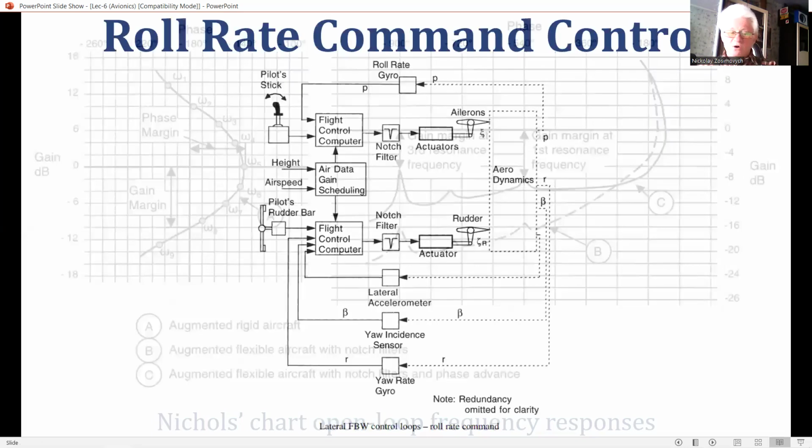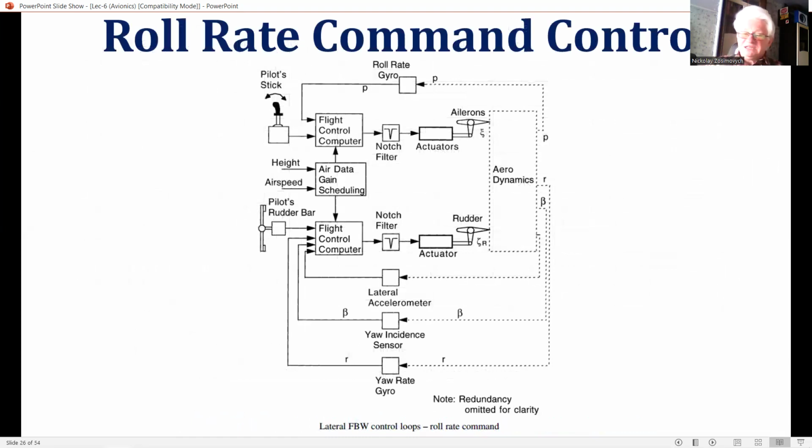A roll rate command system is shown in this slide, the primary feedback term being roll rate from the roll rate gyro. Other sensors are also used to control the rudder automatically to counteract and suppress the lateral cross-coupling effect. A yaw rate r feedback term derived from the yaw rate gyros provides the yaw auto-stabilization function.